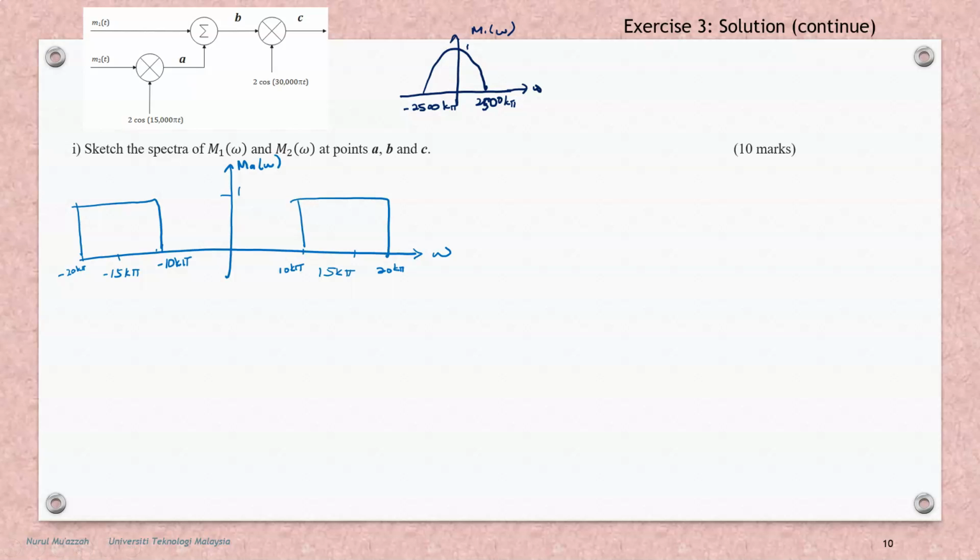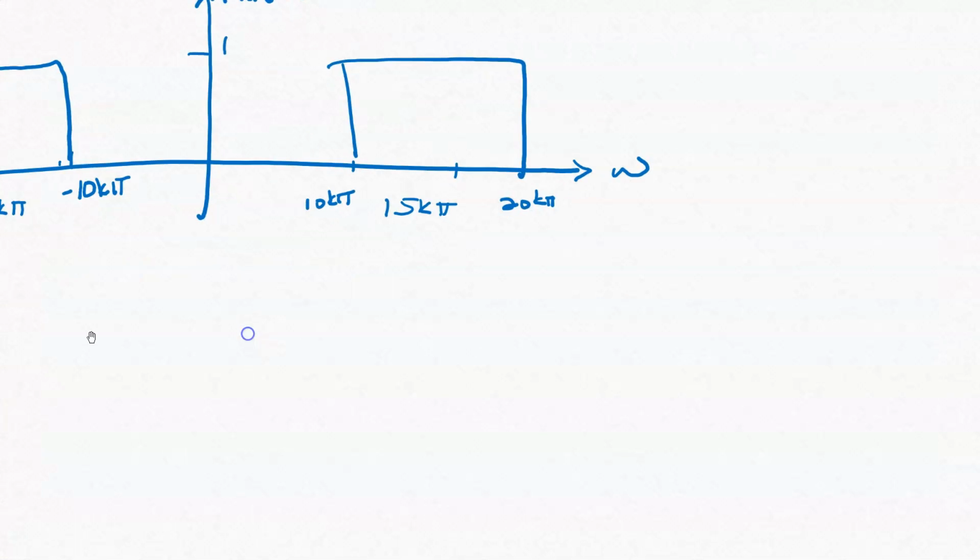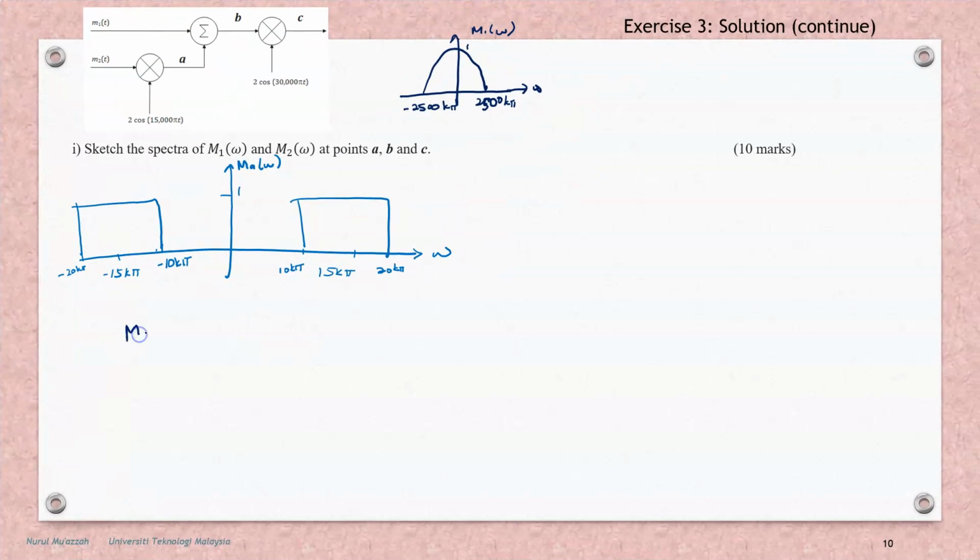So what I put here is M_B(omega) is equal to M1(omega) plus M_A(omega), because of the summation here. You also need to know the symbols here, whether it's summation or multiplication.